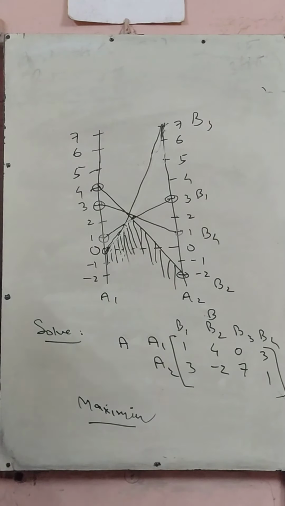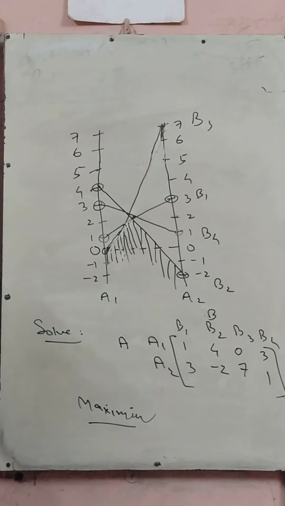And the probability of B1, that is Q. What is that value? That is minus 2 minus 4 divided by minus 8. The value is the same. That means minus 6 by minus 8, which is 3 by 4 after cancelling with 2.